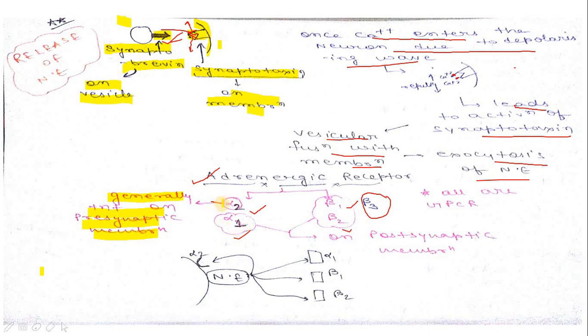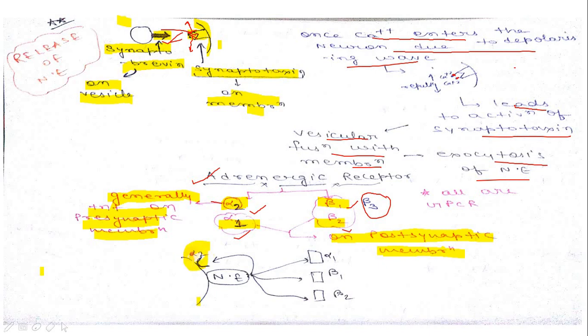This alpha 2 receptor is present on the presynaptic membrane, while alpha 1, beta 1 and beta 2 are present on the postsynaptic membrane. This is the most important point. Clear? So I am showing this nerve terminal membrane. This is the presynaptic membrane.